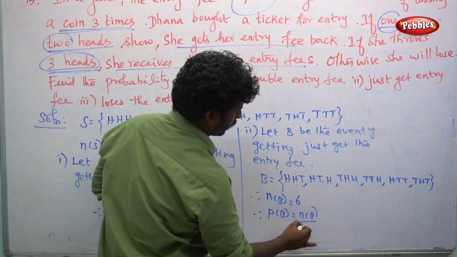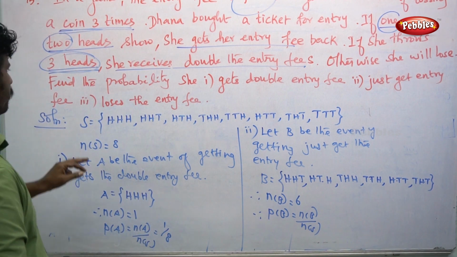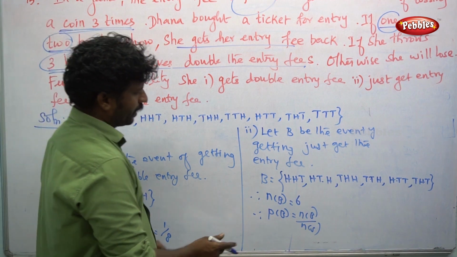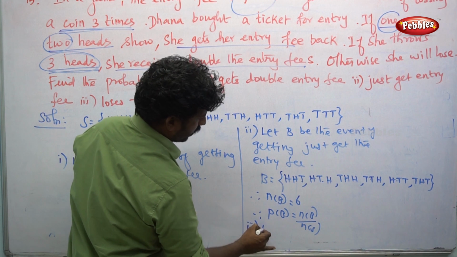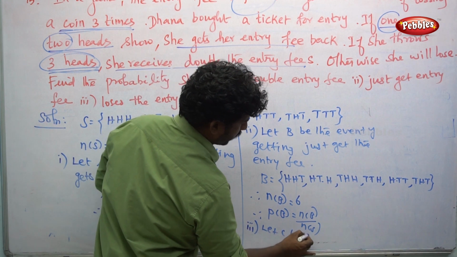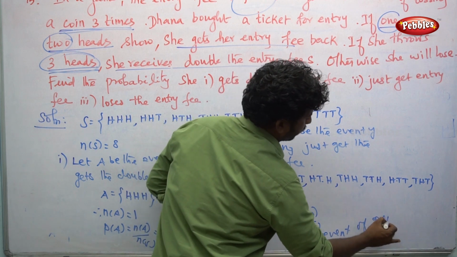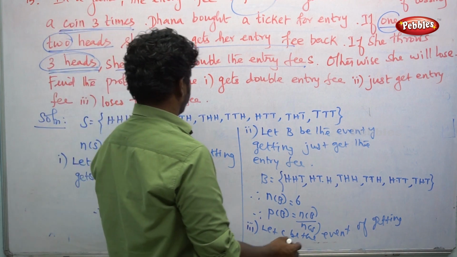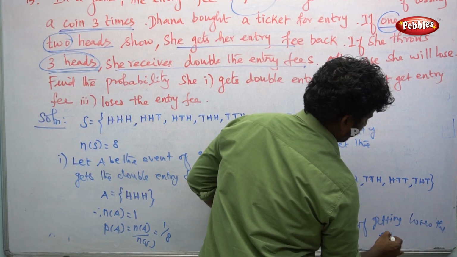Then third point என்ன கொடுத்துருக்கு பாருங்க, lose the entry fee. So I am going to write the point 3. Let C be the event of getting, what is that, lose the entry fee.